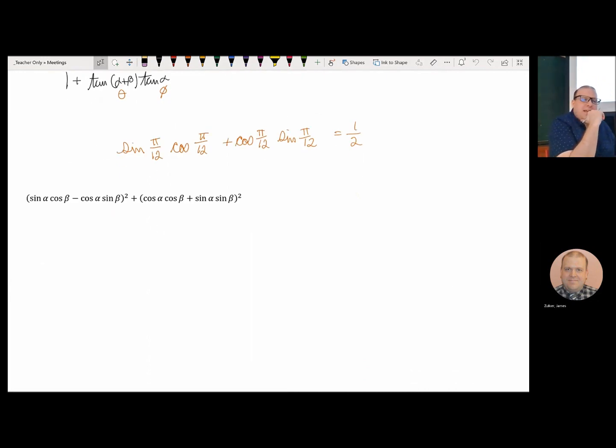Sine of alpha cosine of beta minus cosine of alpha sine of beta all squared plus cosine of alpha cosine of beta plus sine of alpha sine of beta all squared.